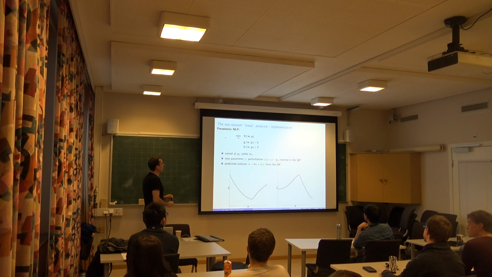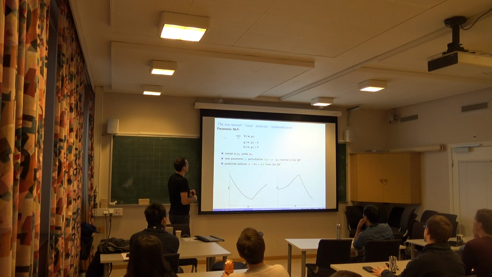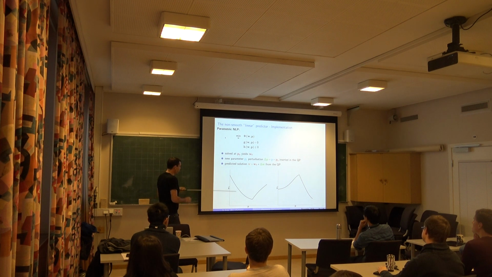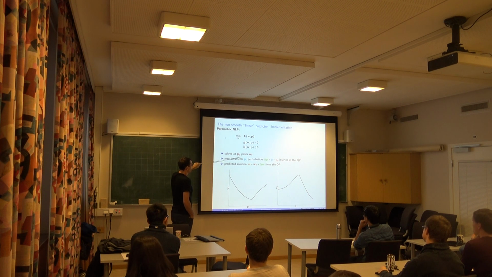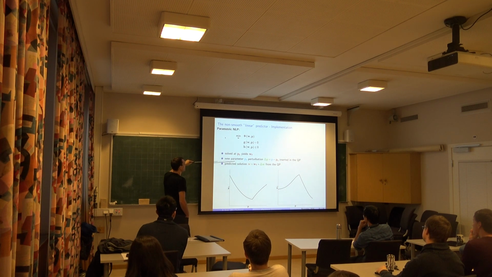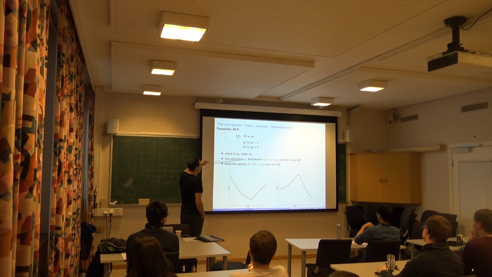Okay, how can we use this kind of predictor in the context of parametric NLPs? So again, imagine you solve your NLP for a given P, call it P0, and you get the solution W0. And now without resolving everything and recomputing all these things, you are trying to get the prediction of what would happen if you solve the NLP at a new parameter.